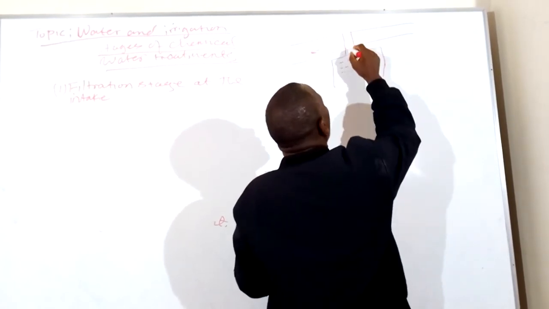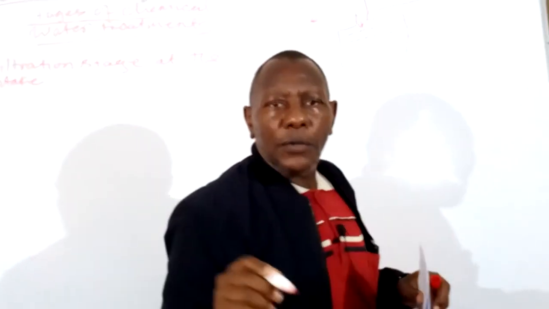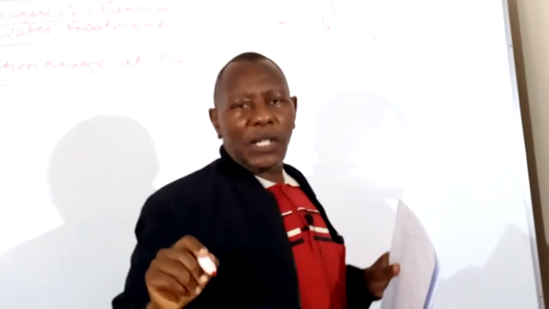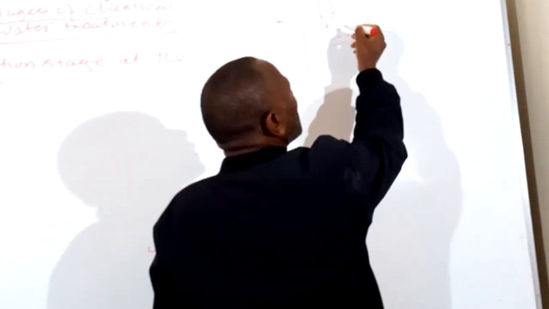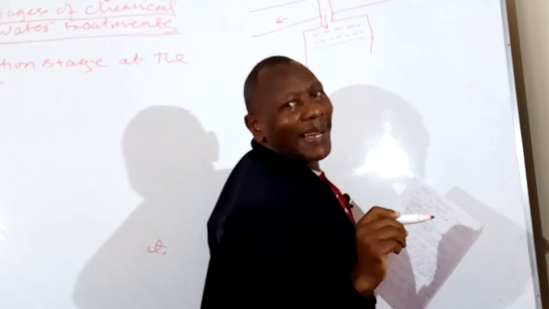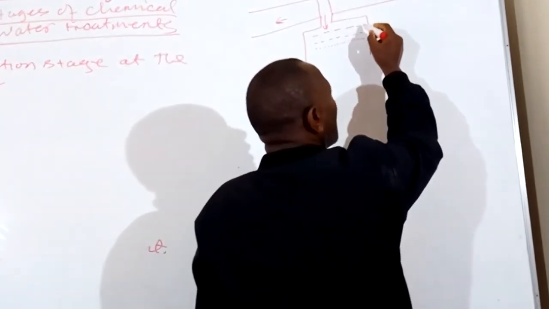As this water passes through these screens, some large particles are trapped. Very large particles like tree twigs and leaves are trapped in the first screen.